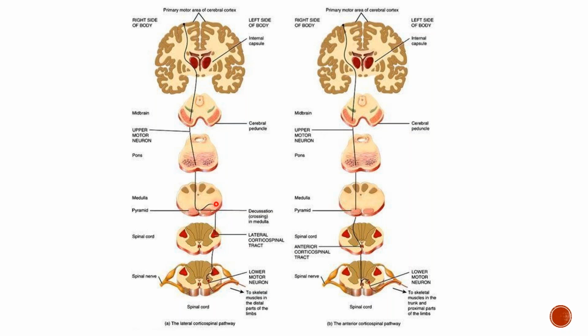As you all know, suppose there is a pain or a prick sensation from the right side, it actually moves to the left side of the brain. Now just try to understand this.